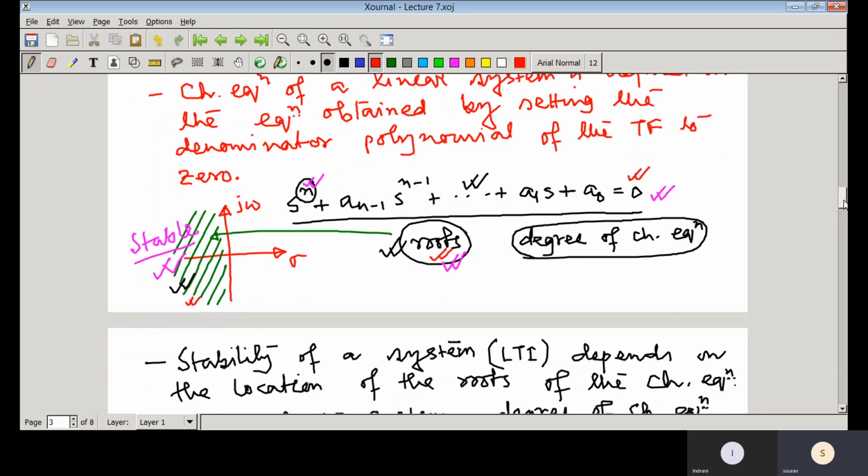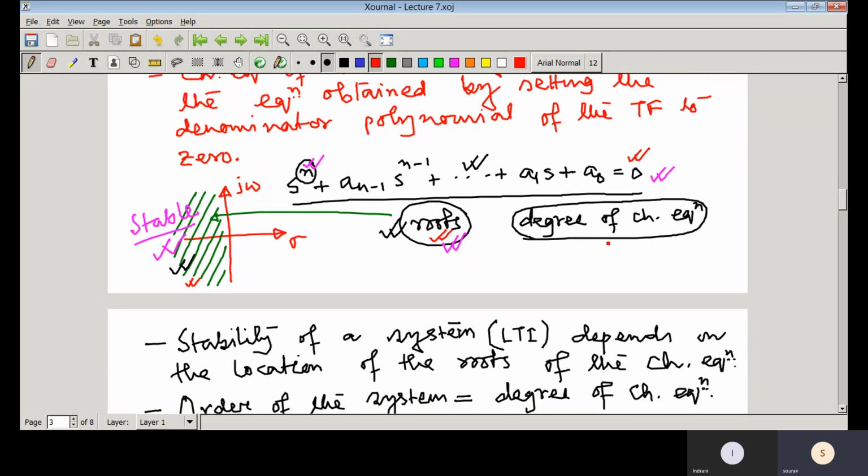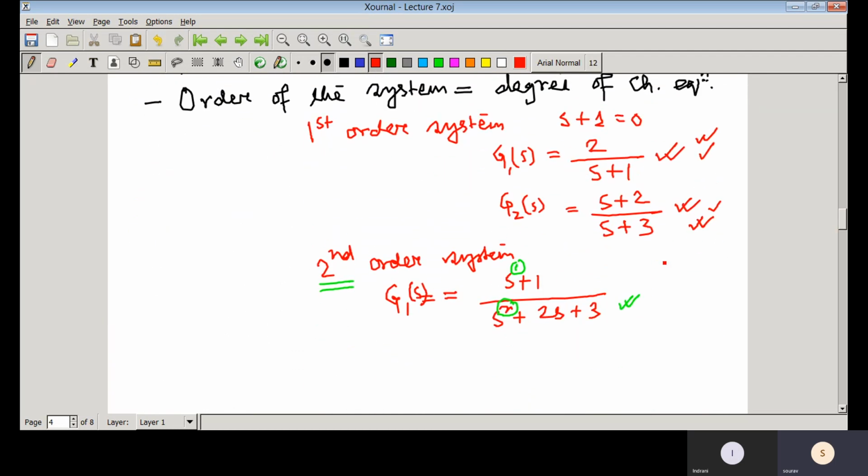Another thing we have discussed is the degree, that is the order of that system. It depends on the degree of the characteristic equation. The degree of the characteristic equation is called the order of that system, and we have just discussed some examples. So now let us see how to represent the transfer function matrix.